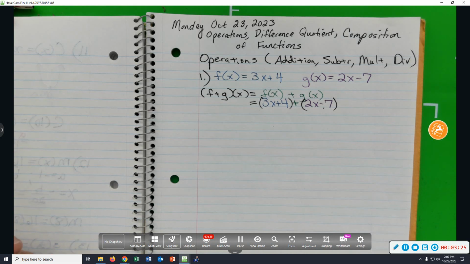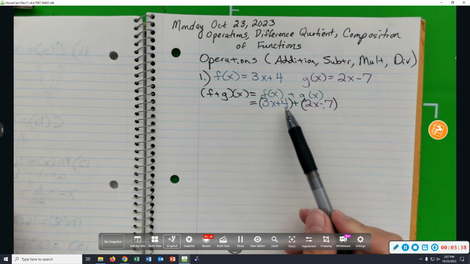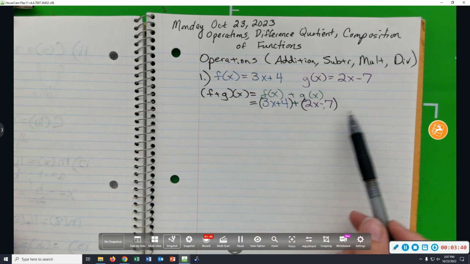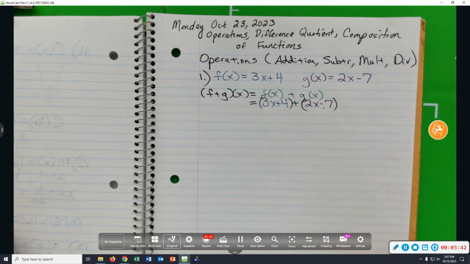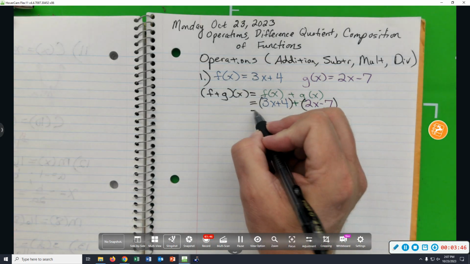Algebraic addition, subtraction, multiplication, and division of functions is just algebraic addition, subtraction, multiplication, and division. If I'd come in here at the beginning of the semester and said, let's add these terms together, it's just combining like terms. We know what to do there.